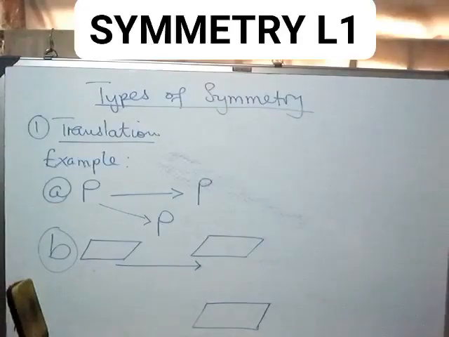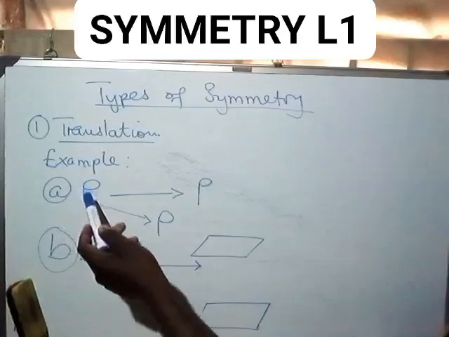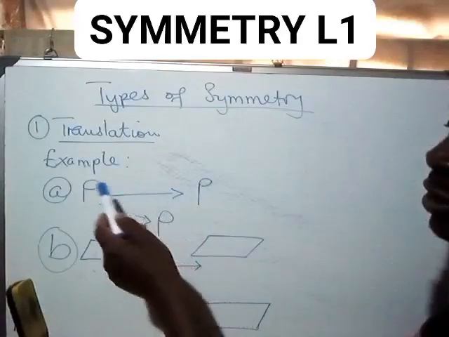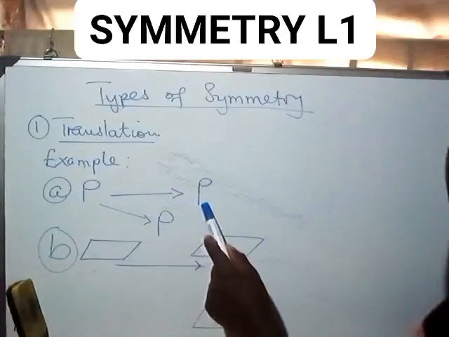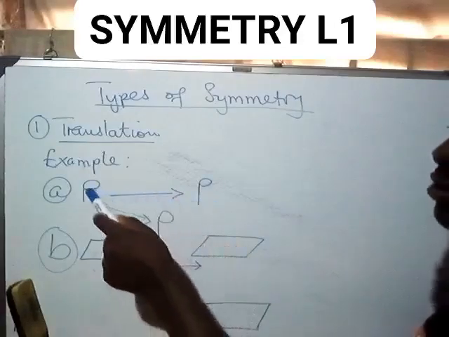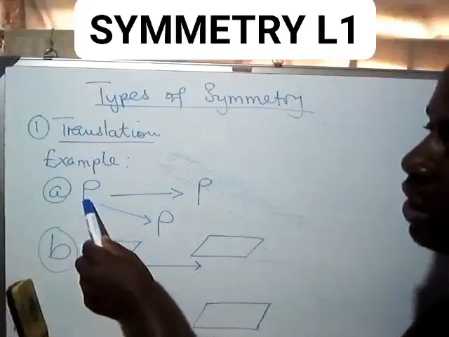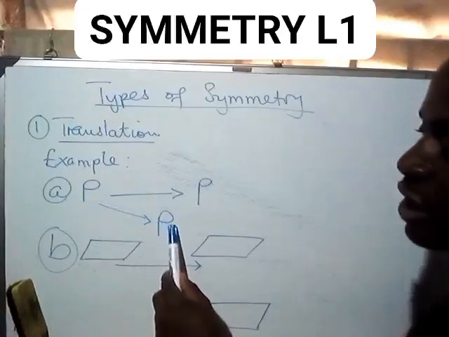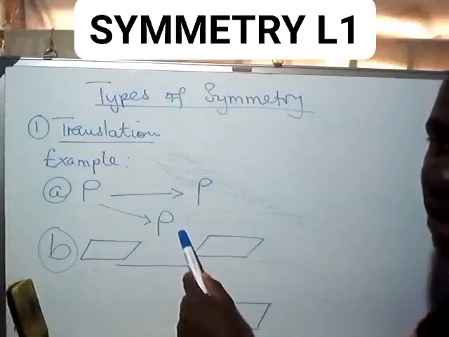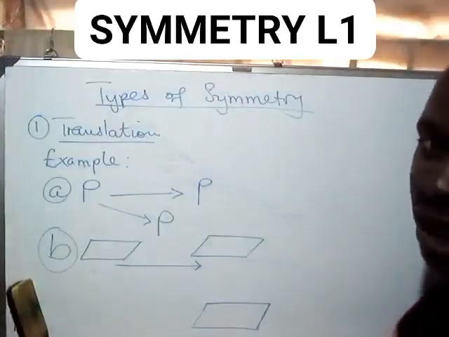When you look at these shapes, we have number one, this P here. P has moved from where it is, it has come there. So it has moved in a straight line without rotating. Also this P here, which was here, we have also moved it here, in a straight line without rotating.